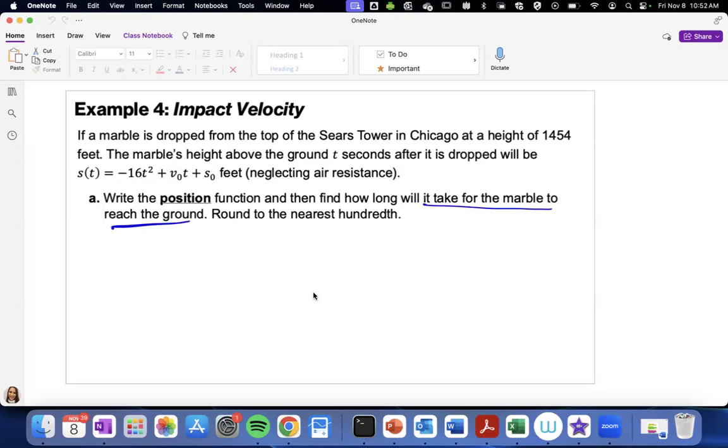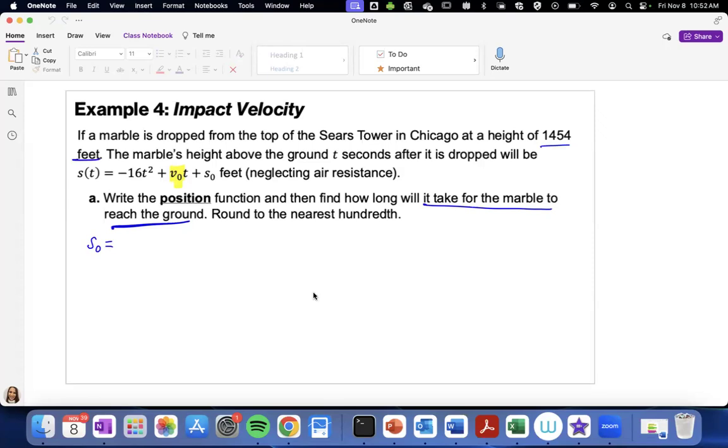Okay, what is v sub 0? What does that represent? That is your starting velocity, your initial velocity. And then s sub 0 is your starting height, your initial height. So let's talk about s sub 0. What's my starting height? Where am I dropping it from? 1454, yep.